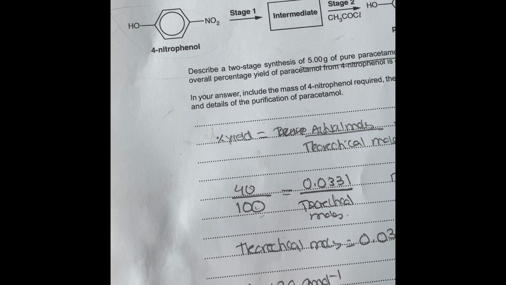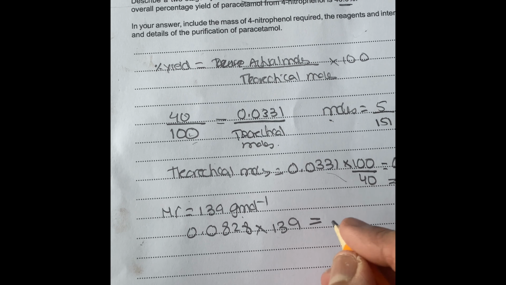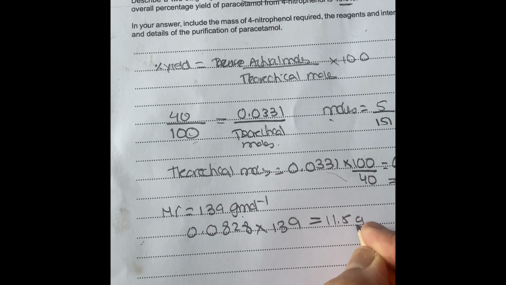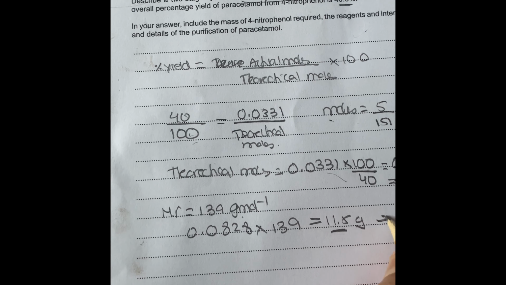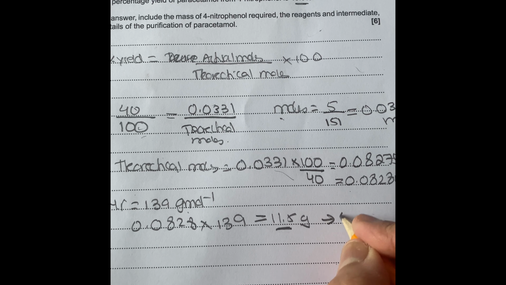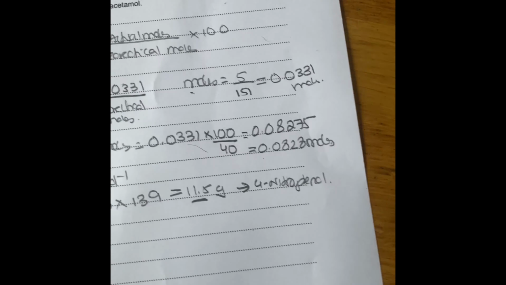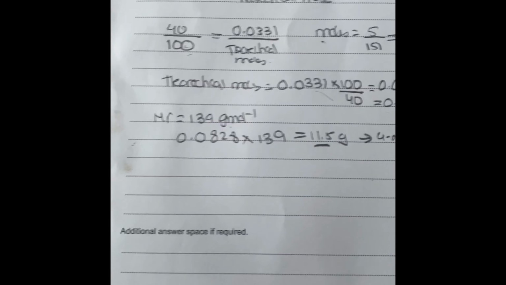So it'll be 0.0828 times 139, which will give you 11.5 grams mass. That's how much 4-nitrophenol you need for your reaction. Let's just write that. So that's the first part.